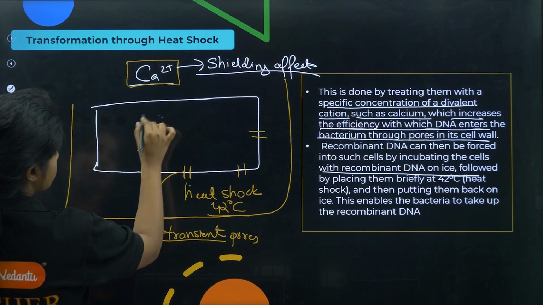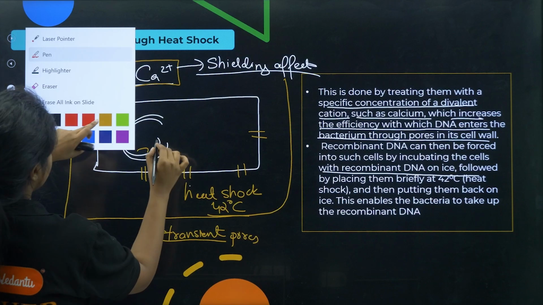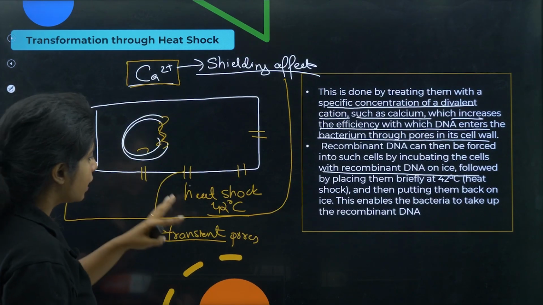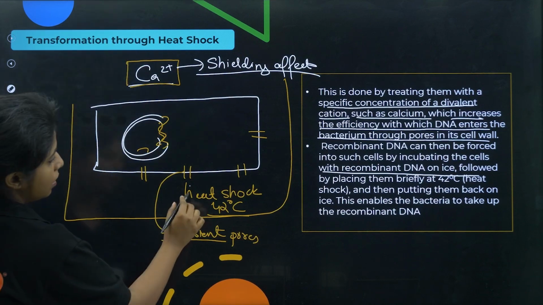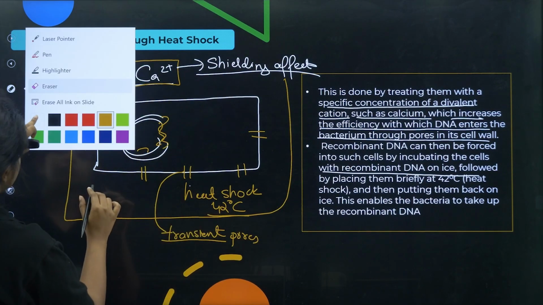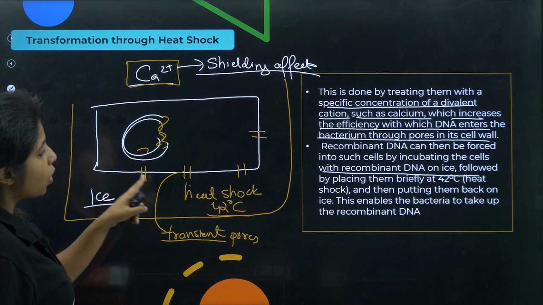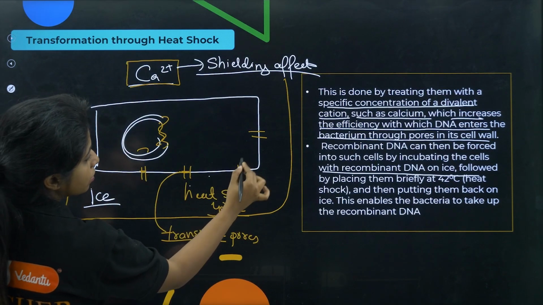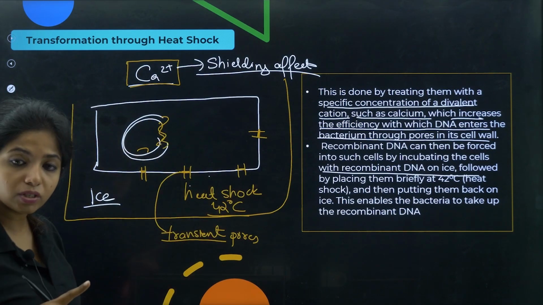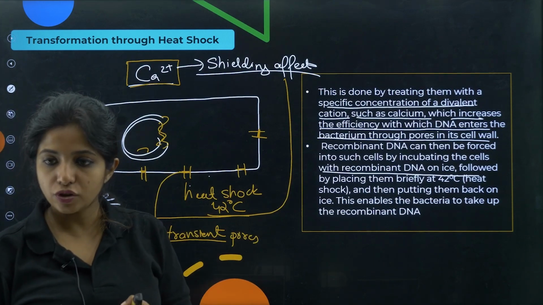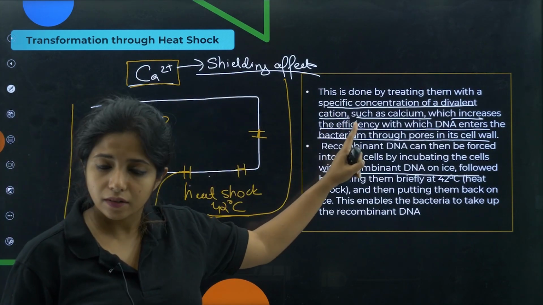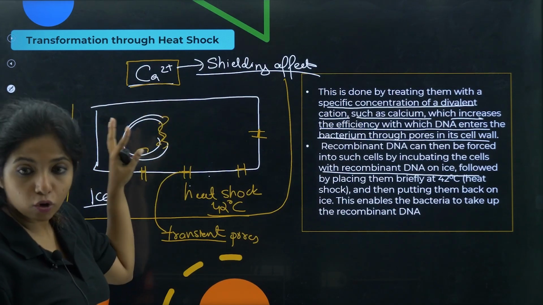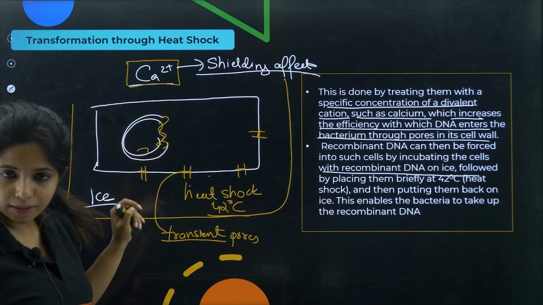So now the plasmid with the recombinant DNA is over here. Now what I am going to do is again treat it with ice, children. So what will happen? All the transient pores that you see over here will get closed. So initially what was I doing? I was treating it with a specific concentration of divalent cations. Then I am putting my recombinant plasmid as well as my host cell in ice.